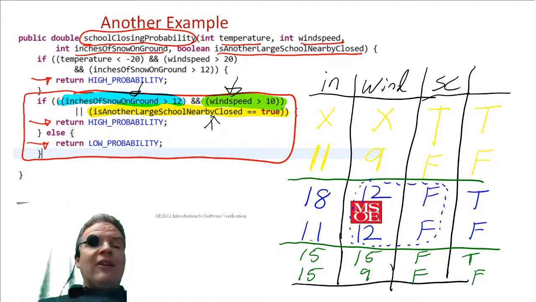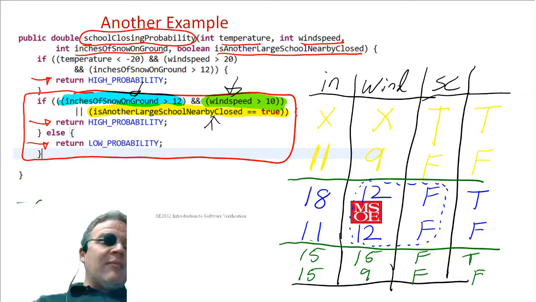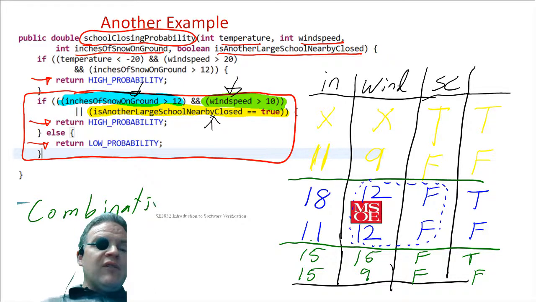Now if you think about it, based upon combinations, we have 3 parameters, or 3 clauses. So we should have 2 to the 3, or 8 combinations.